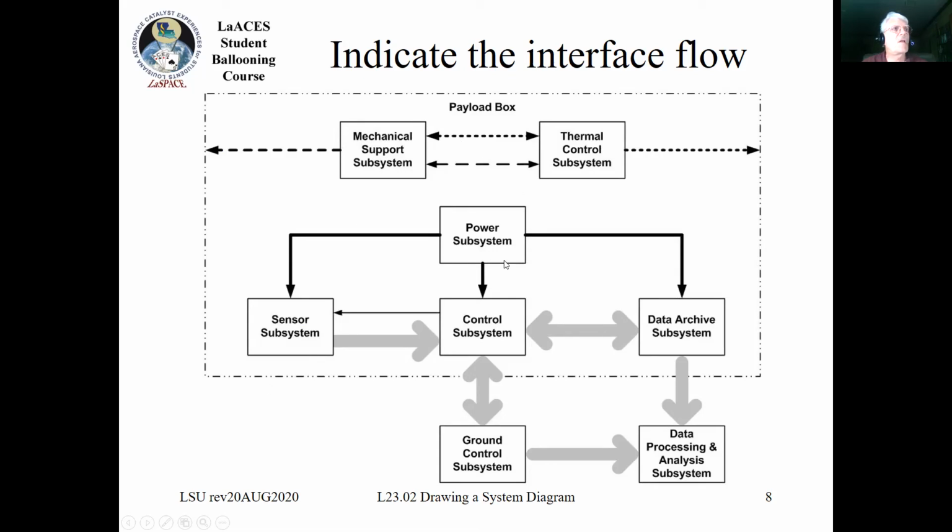But if you try to draw lines for all of that, you get really complicated. So this is an example of keeping things a little bit simple. You identify that there's a mechanical subsystem, and you identify that there's an interface of your mechanical to your payload box, but you try to keep it simple. You can get more complicated if you wanted to go down to another level of the system diagram.